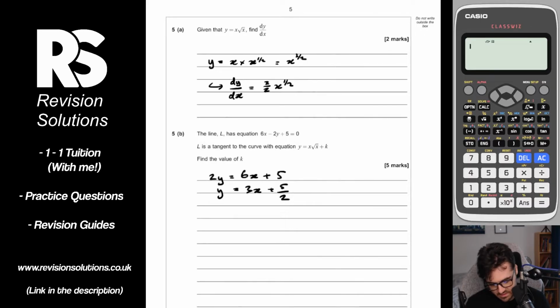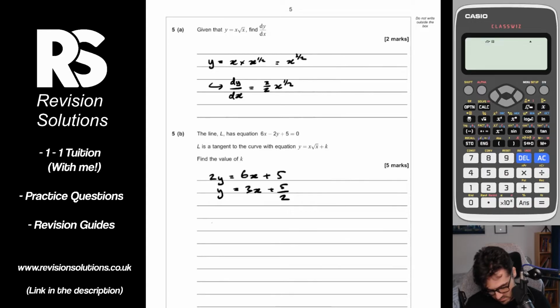Now, this curve would have the same derivative as the curve we did earlier, because a constant k would differentiate to 0. So we're looking for a point on this curve where the gradient is 3. So let's sub that in for the gradient of the tangent, for dy by dx.